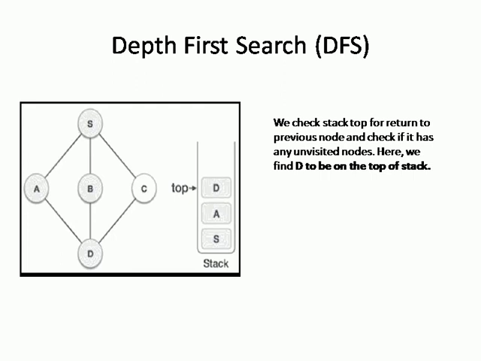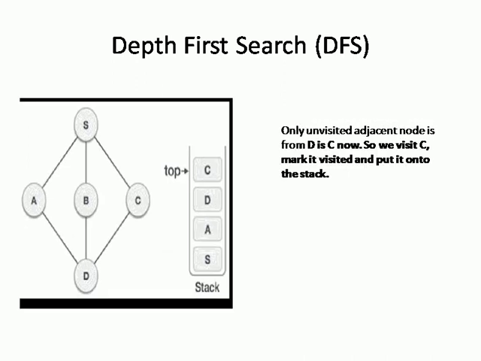So here on the stack top we have the node D. From D we have only one unvisited node, that is C. D has 3 adjacent nodes A, B, C. Out of these, A and B are already visited, so the only unvisited node available is C.